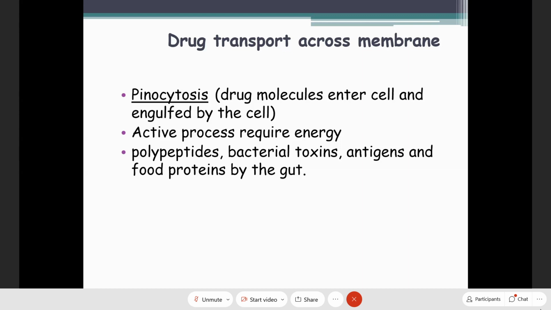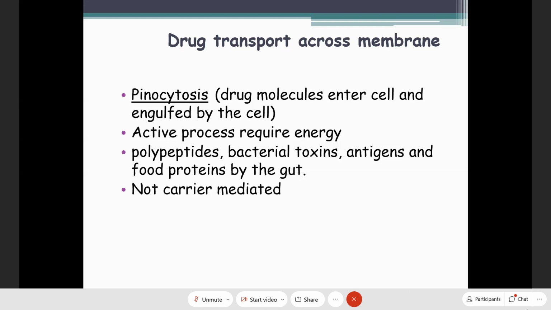Pinocytosis. Not many drug molecules undergo pinocytosis, very minimal. The drug molecules enter the cell and are engulfed by the cell. This is an active process, requires energy.